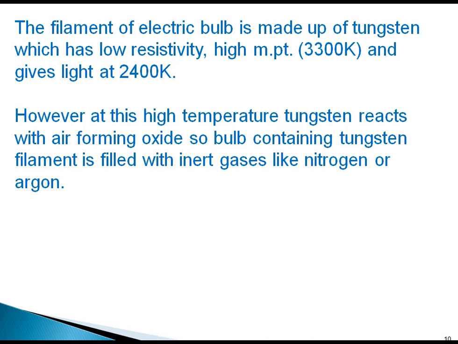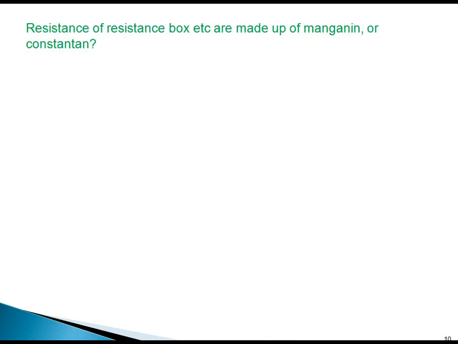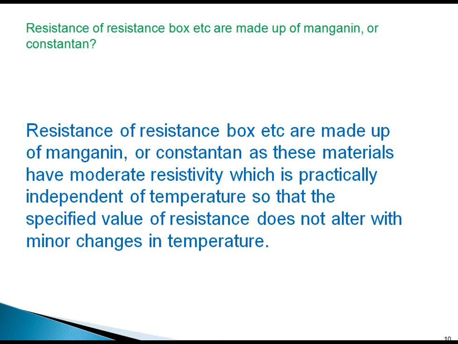So a bulb containing a tungsten filament is filled with inert gas like nitrogen or argon. Now, resistances of the resistance box are made of manganin or constantan, and I hope it is clear. We have discussed that their resistance is unaffected by temperature, practically independent of temperature.